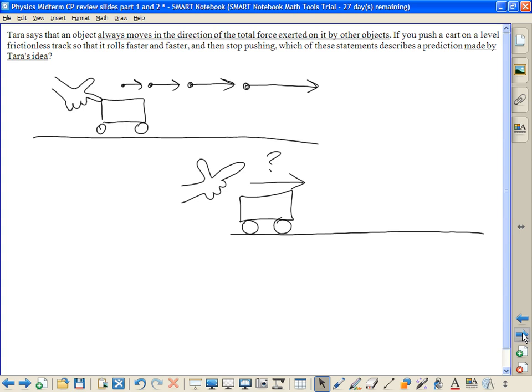Okay. Careful. The force of the hand is going to go away, but the cart's not going to stop moving because there's no friction.